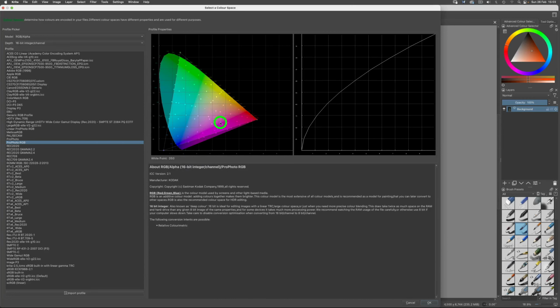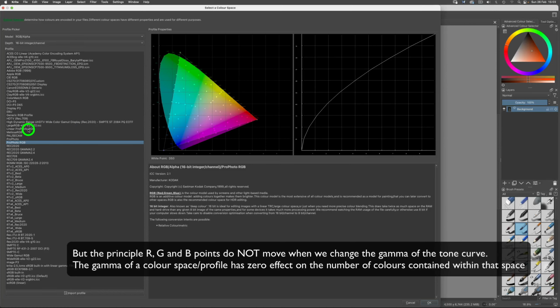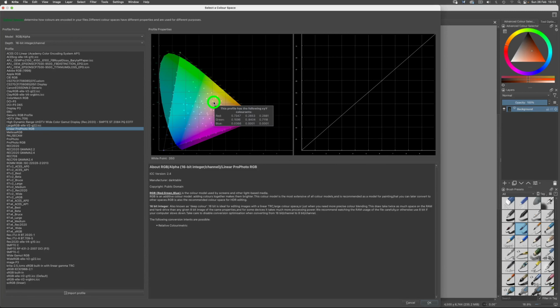These represent key known points of colour within the colour space, and you can see on gamma 1.8 how those points are spread out. If we work with the linear version, they're a lot closer together, so we can spread them out a little in our workflow.